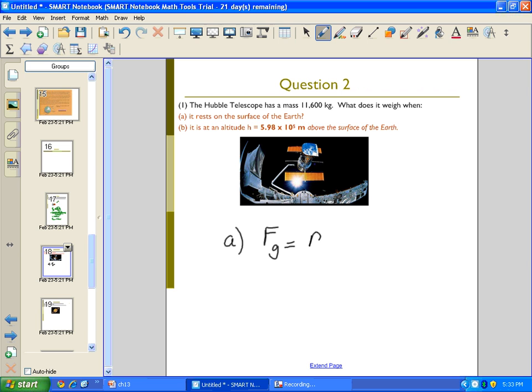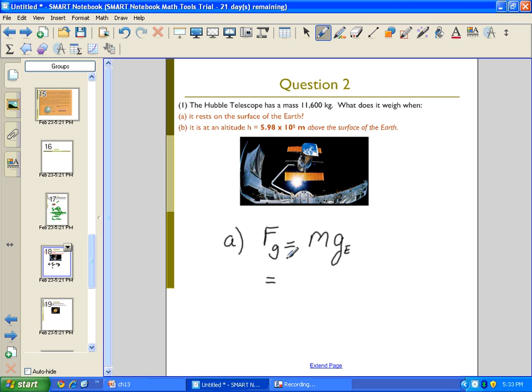Well, in this case, we know we have Hubble's mass times the gravitational acceleration on the surface of the Earth, which of course is 9.8 meters per second squared.